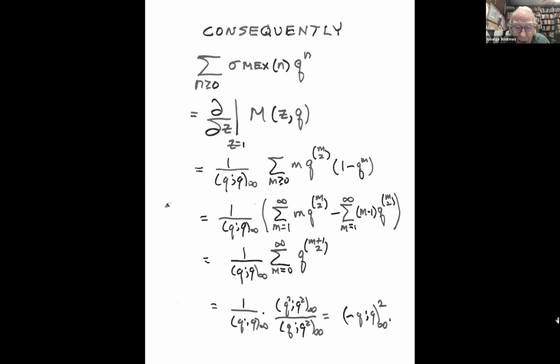But once you get to there, then you need Gauss's famous theorem, which is the infinite product representation of this triangular number series. And then just a few cancellations, and you're back to the generating function for PD of n, and that proves the theorem.